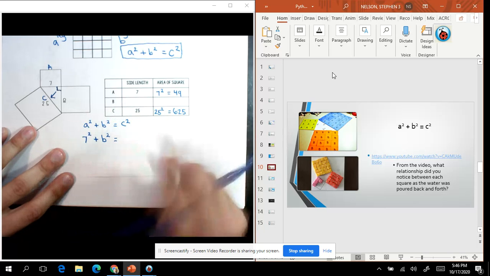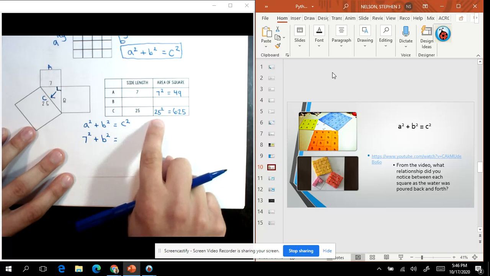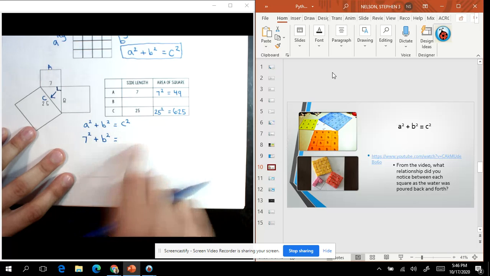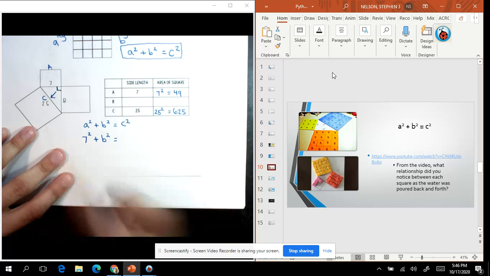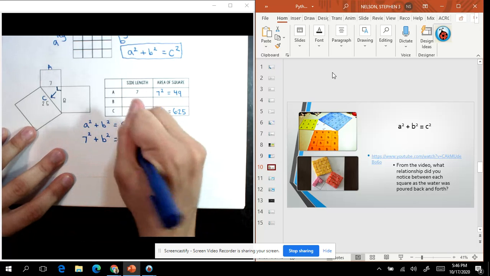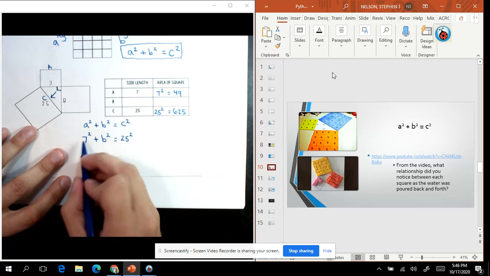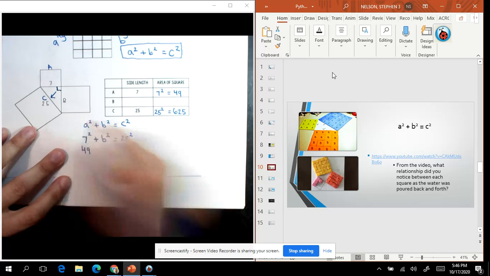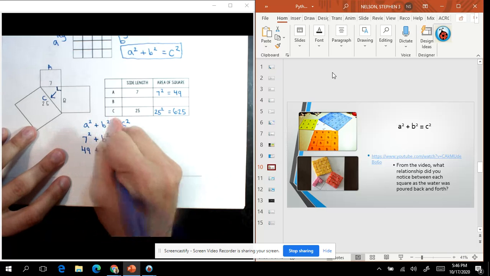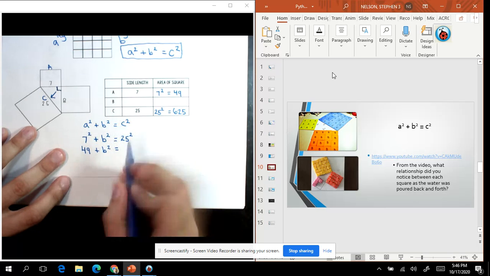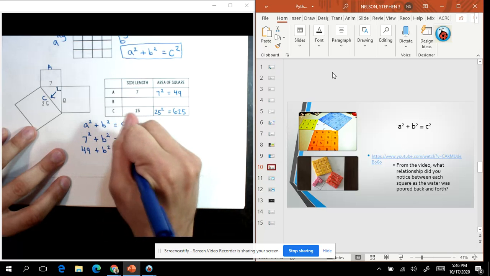So you can either go ahead and write 25 squared. Since I put 7 squared, I'm going to go ahead and put 25 squared. And then we're just going to get rid of those exponents, because 7 times 7 is 49, plus b squared is equal to 25 times 25, which we said is 625.